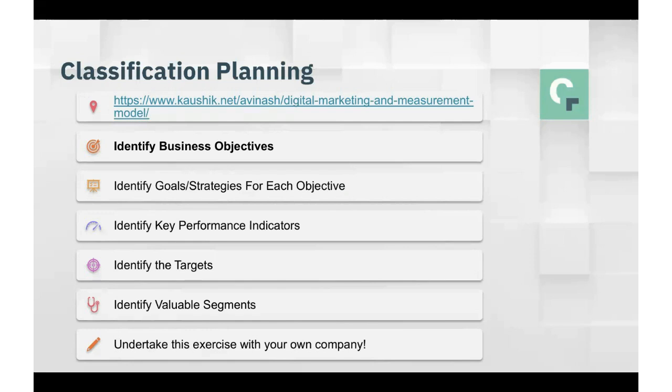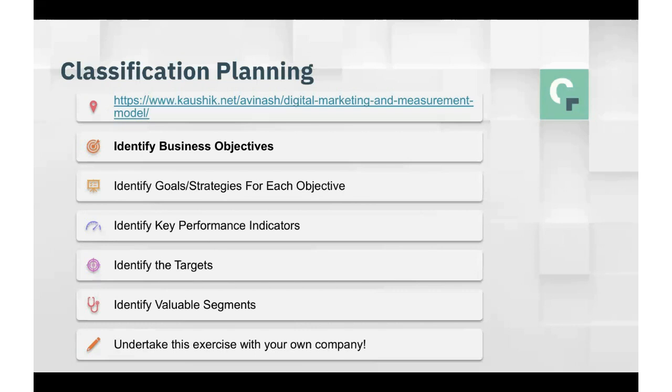Once you know what your objectives are and which technologies and strategies will take you there, you can define the key metrics or performance indicators that support those objectives. From there, you can identify the targets. So, for example, you want to increase revenue by 5% this year, and then valuable segments: how you'd like to split the data or group it in order to truly see different behavior patterns.